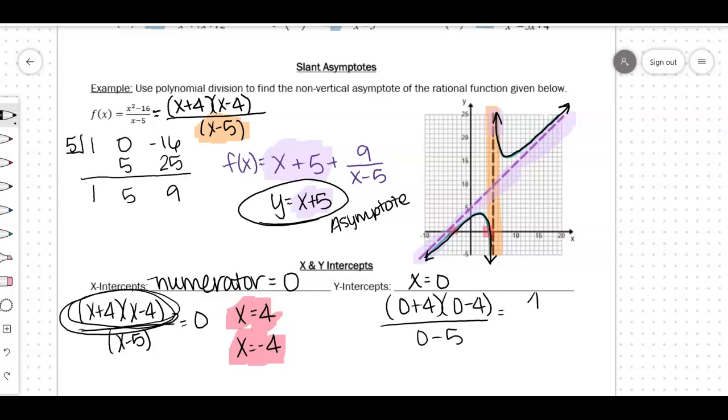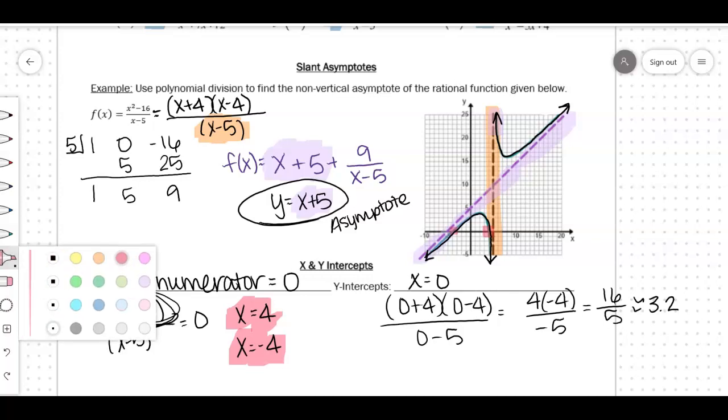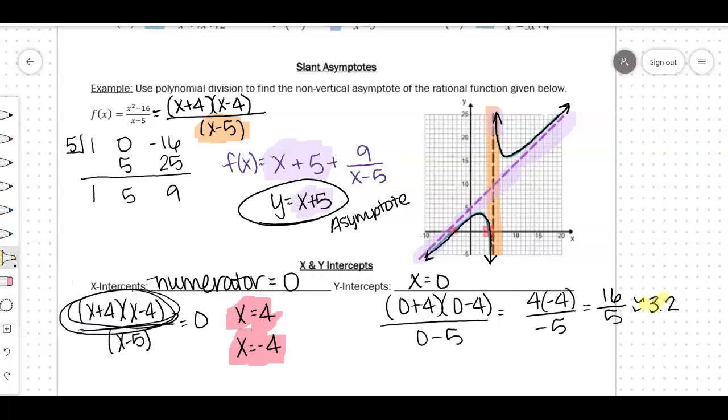We will end up with 4 times negative 4 up top over negative 5. So we'll end up getting positive 16/5, which is roughly 3.2. So looking at our y-axis, it definitely looks like it crosses at about 3.2.